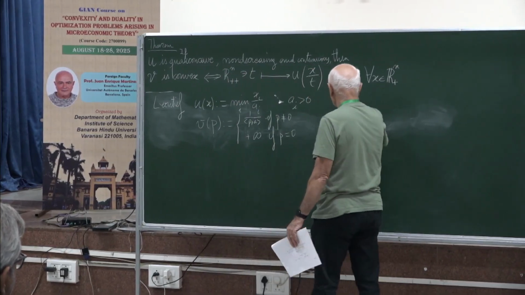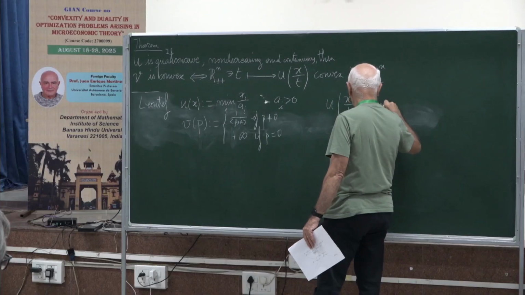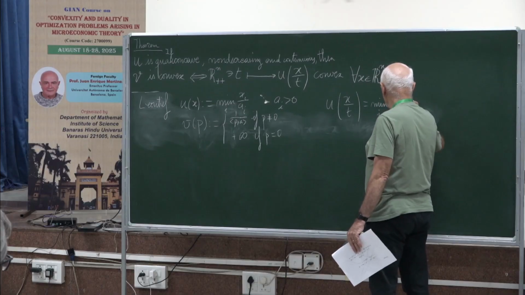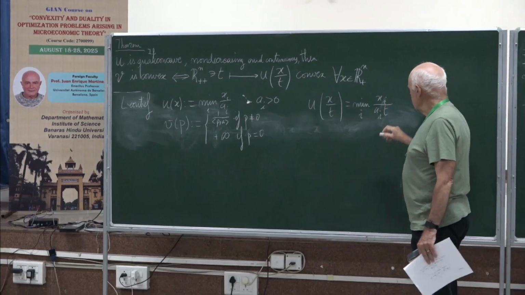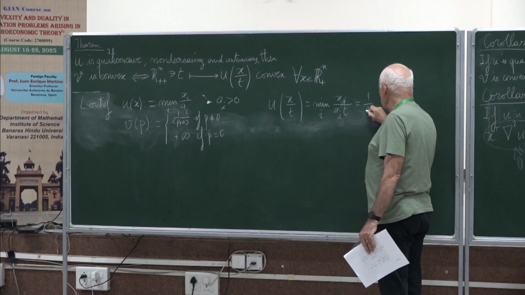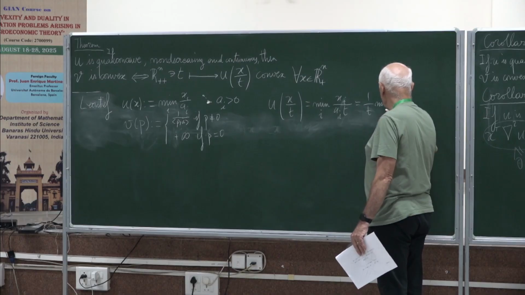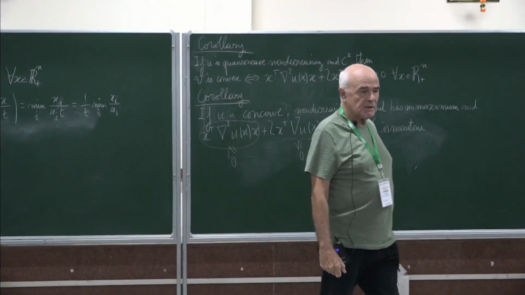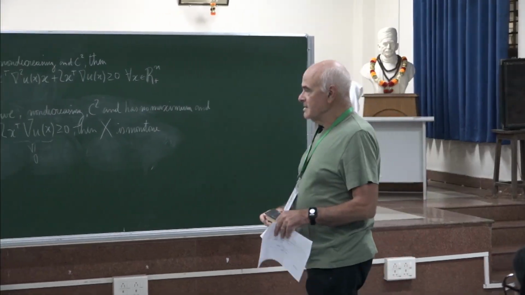What is U of x over t? This is the minimum over i of x_i divided by a_i t. And this is 1 over t times the minimum of x_i over a_i. So it's linear, not only convex but even linear. So it works, at least in this case.